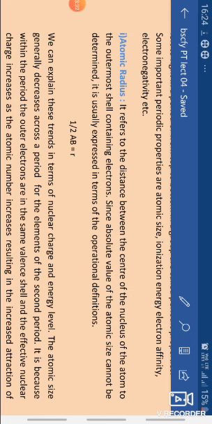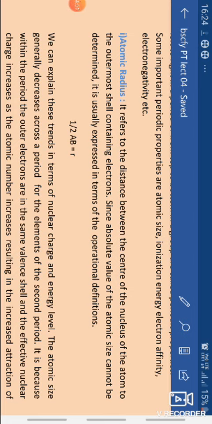This is because as we move from left to right, the atomic number increases and also the nuclear charge increases, and the electrons are more tightly bound to the nucleus, so the atomic size of the elements decreases from left to right in a period.